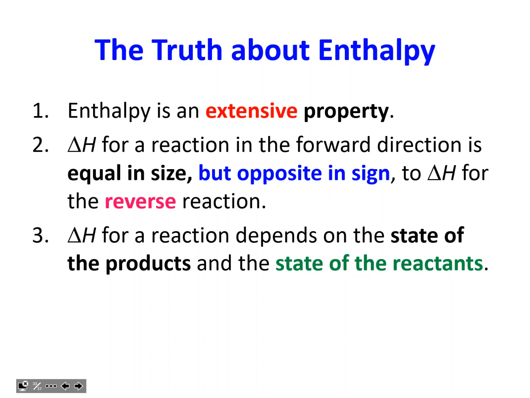Delta H for a reaction depends on the state of the products and the state of the reactants. Now, when we say state, we're talking about physical state, phase of matter. Gases by their nature have a lot more kinetic energy than liquids or solids.